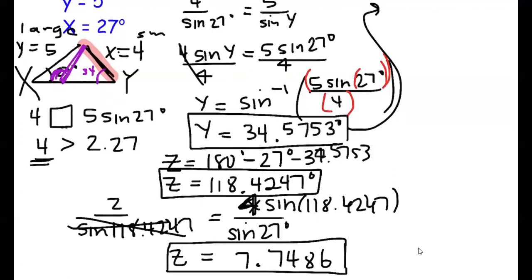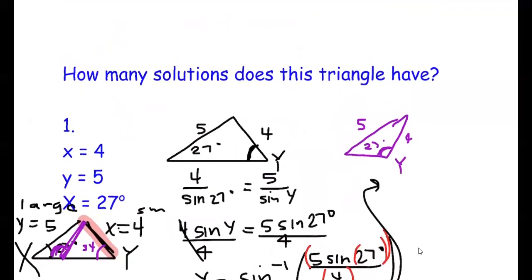Well, I will tell you that when you talk about taking the inverse sine, and you got this angle, that's in the first quadrant, okay? Well, sine is positive in the first quadrant and positive in the second quadrant, right? So we were able to calculate out this 34.5753 degree angle over here.